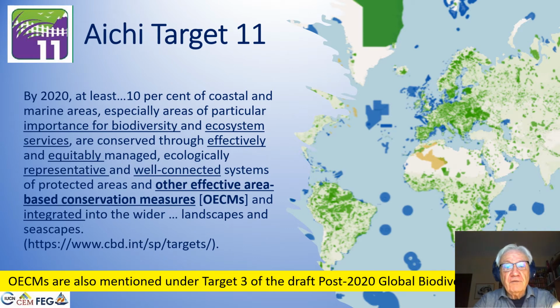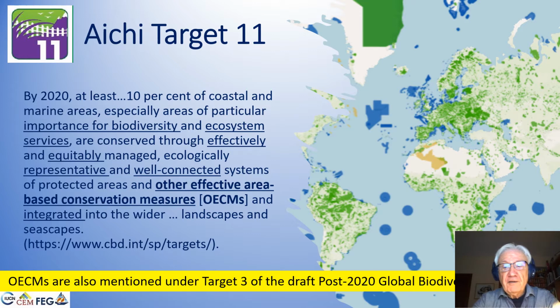Aichi Target 11 on conservation areas coverage, adopted by CBD COP in 2010, stated that by 2020, at least 10% of coastal and marine areas, especially areas of particular importance for biodiversity and ecosystem services, are conserved through effectively and equitably managed, ecologically representative and well-connected systems of protected areas and other effective area-based conservation measures, integrated in the wider landscapes and seascapes.